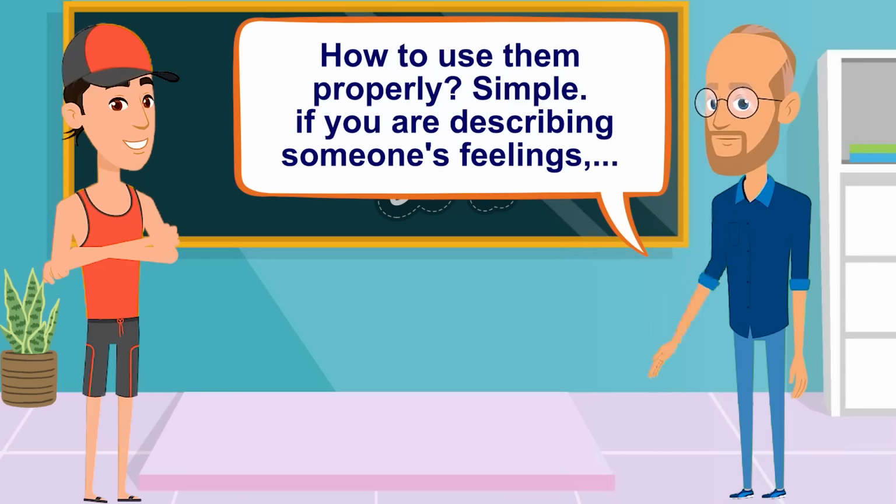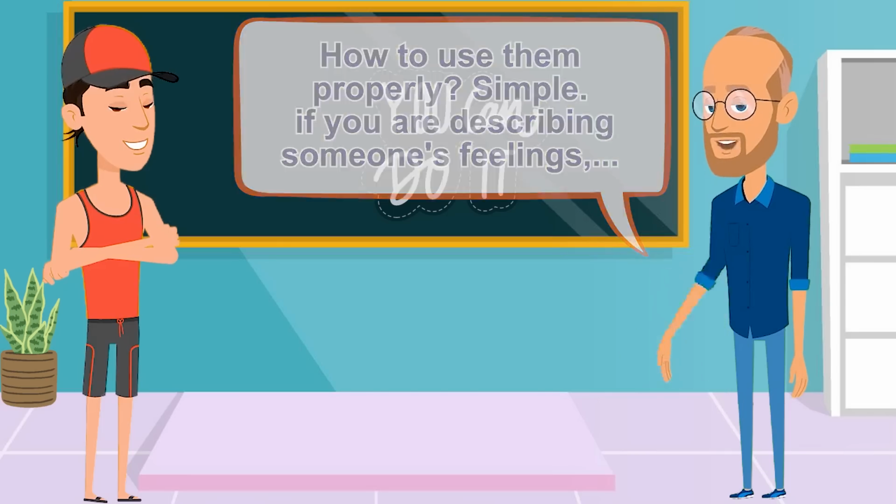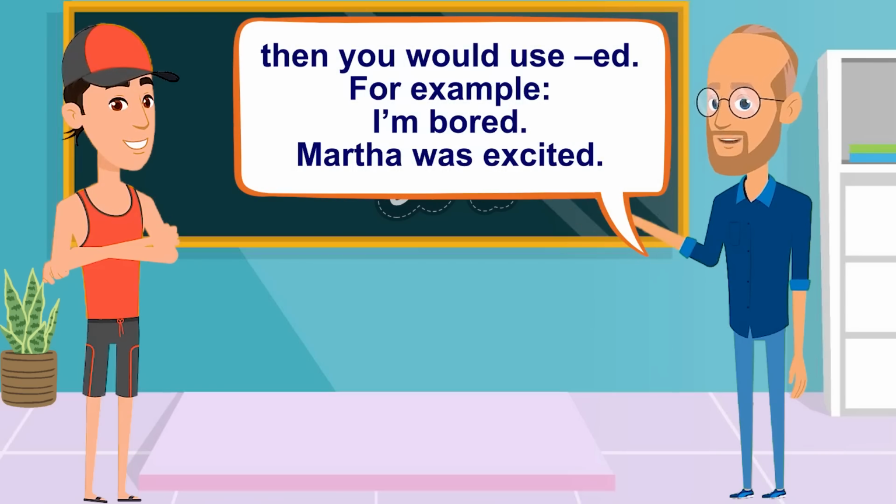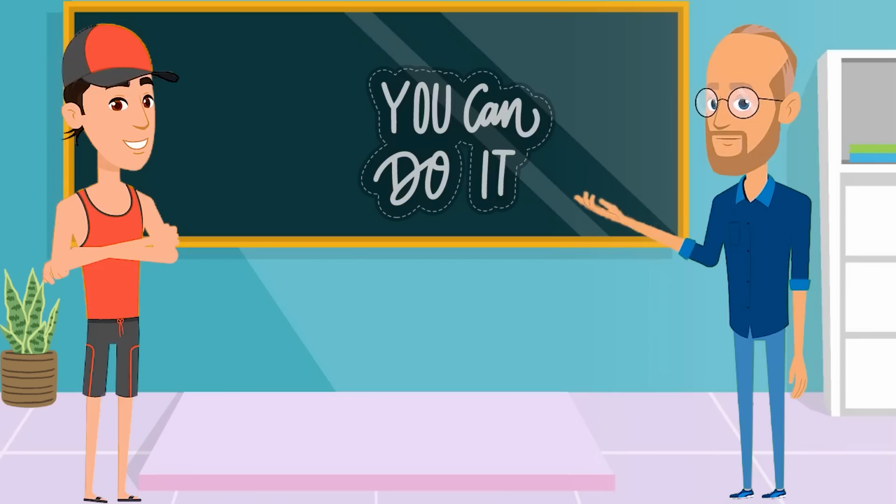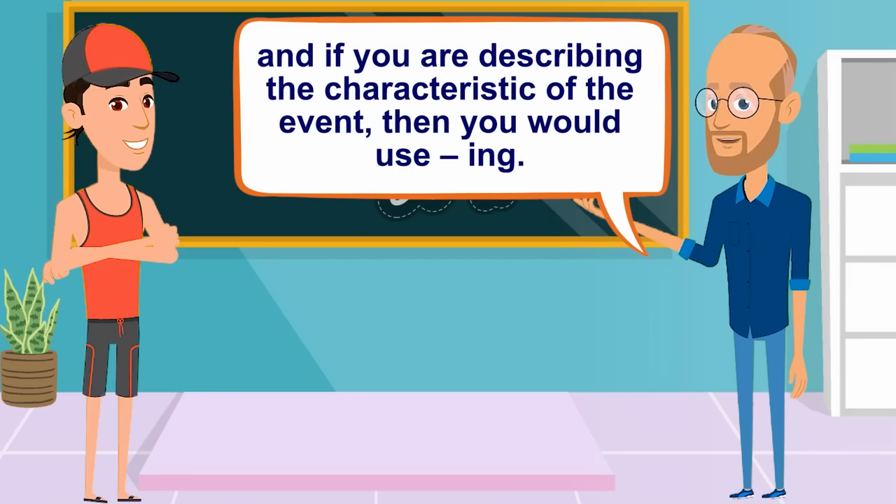How to use them properly? Simple. If you are describing someone's feelings, then you would use -ed. For example, "I'm bored." "Martha was excited." And if you're describing the characteristic of the event, then you would use -ing.